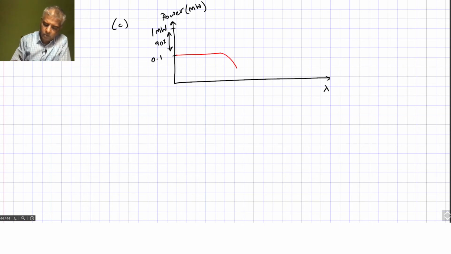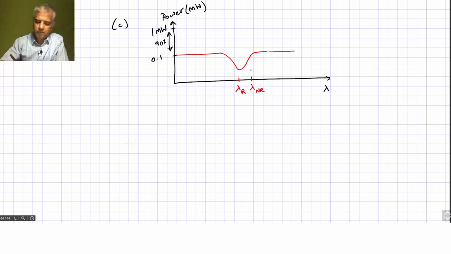And then as you approach the resonant wavelength, it's going to go through an absorption. So this is actually lambda r, and we have used some other wavelength here as our non-resonant wavelength, at which there is almost negligible absorption.